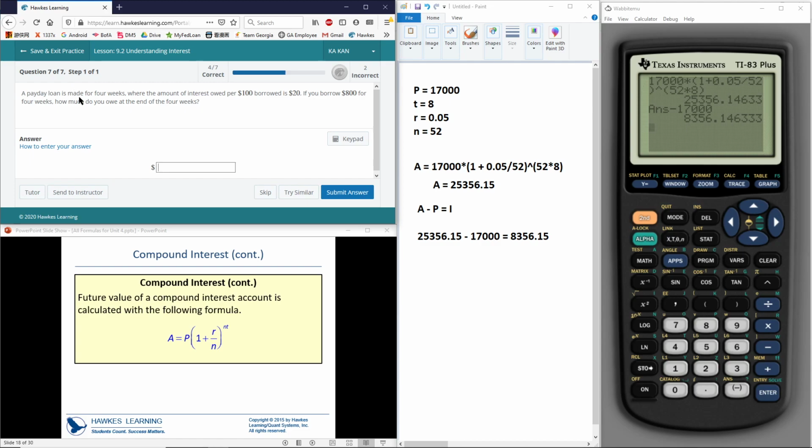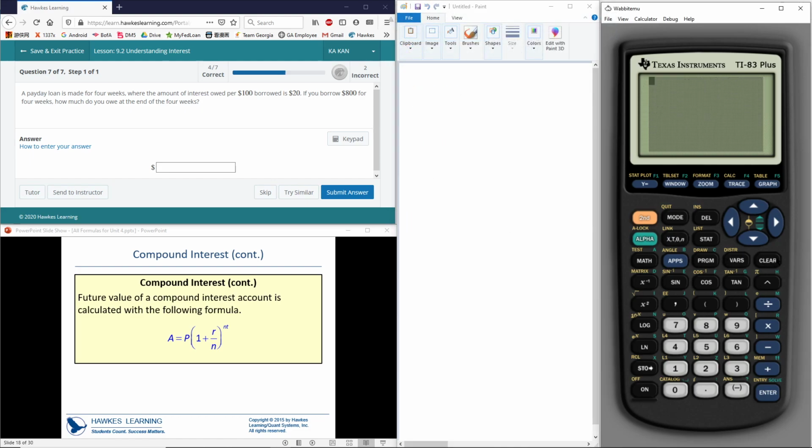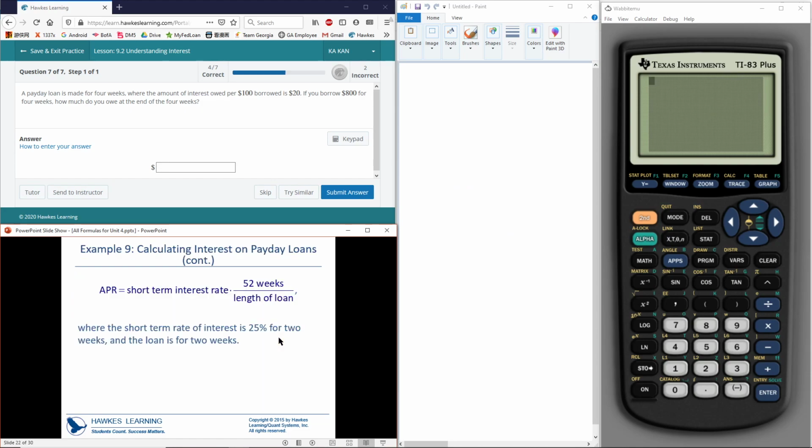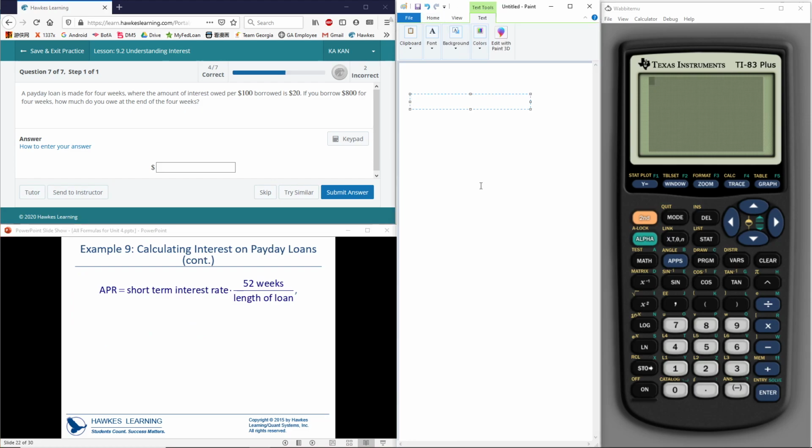So now the payday loan is the one that you really have to think about a little bit. Let me start it over. There's a particular formula for this. Payday loans refer to very short-term loans where you might borrow $1,000 for like 2 weeks and then you pay back whatever.